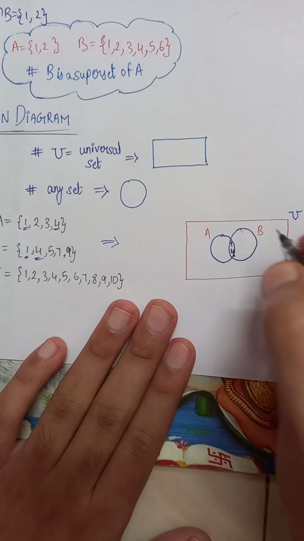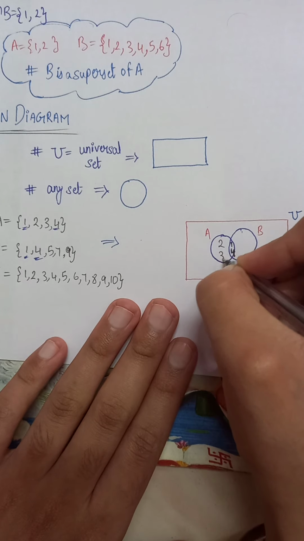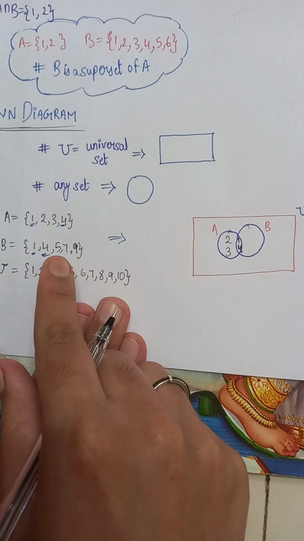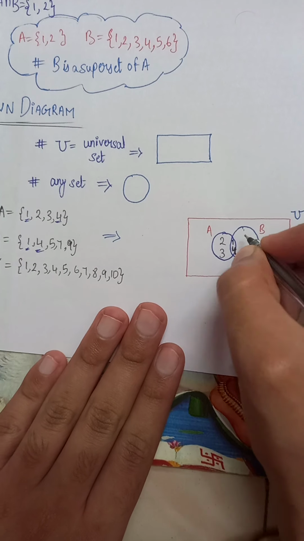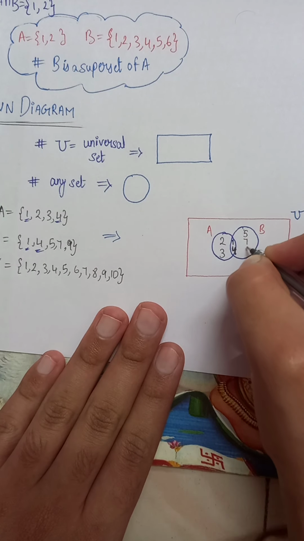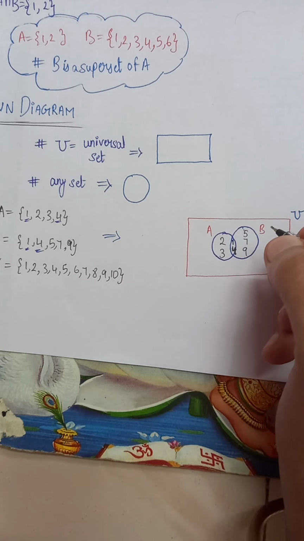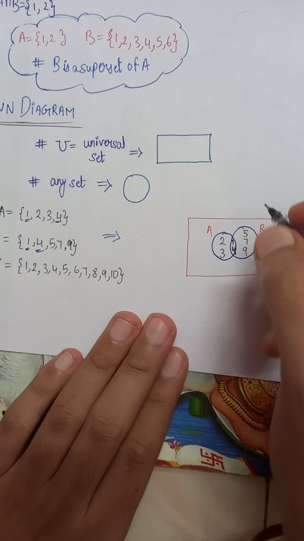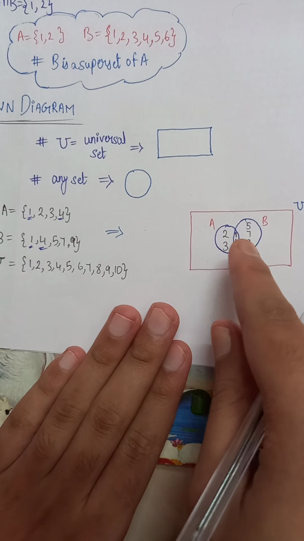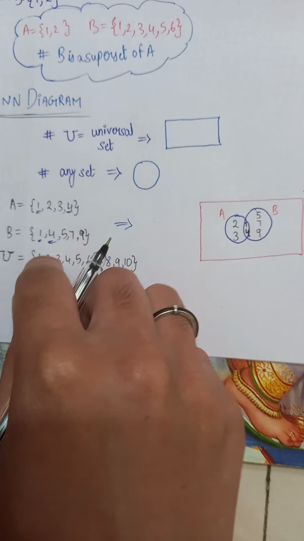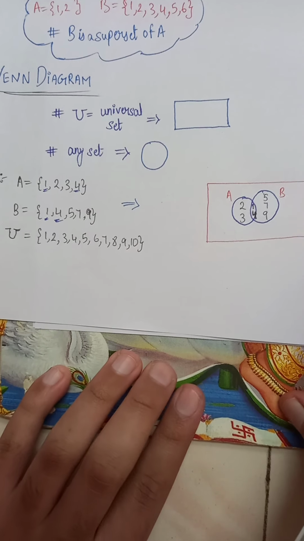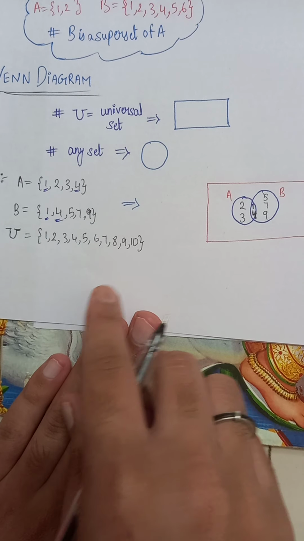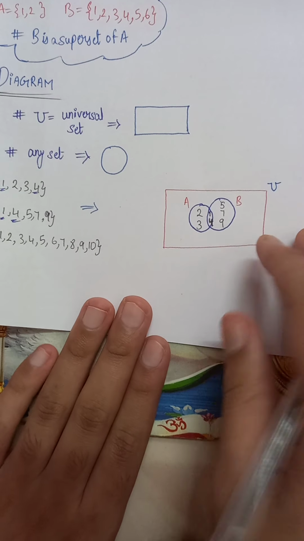The rest of the elements of set A are 2 and 3. The rest of the elements in set B are 5, 7, and 9. So with this we are done with the elements of set A and set B. Now what about the rest of the elements present in the universal set? We write them in this rectangular box.